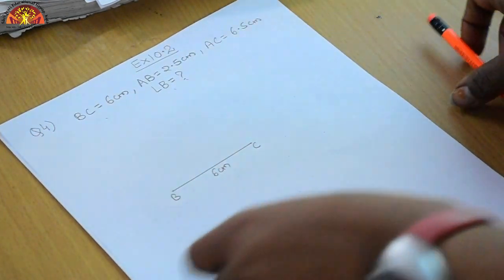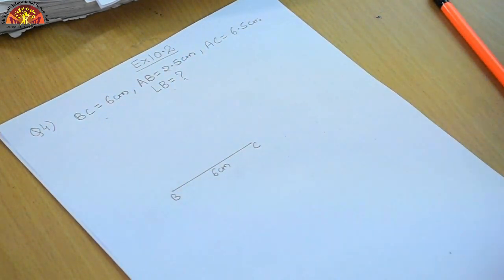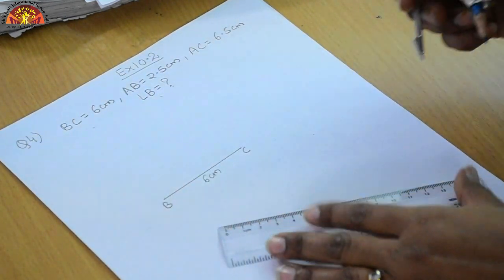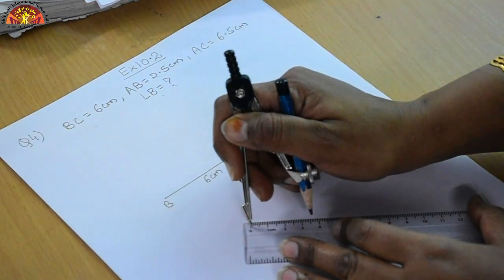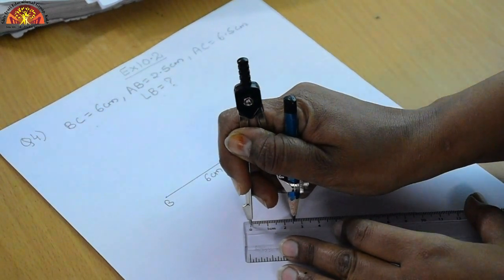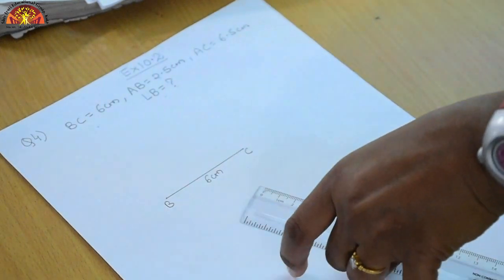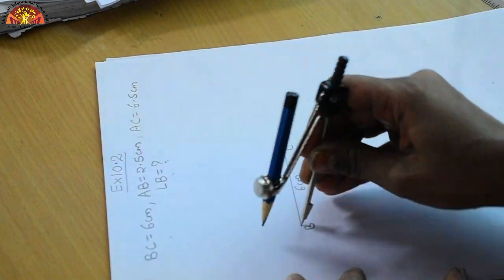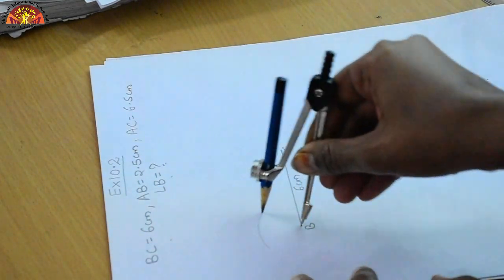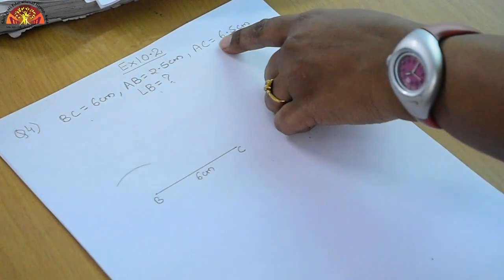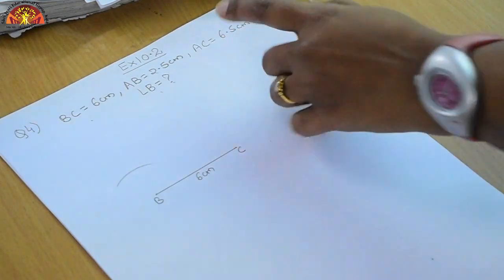Now AB is equal to 2.5 centimeter. So just measure 2.5 centimeter on a scale with the help of a compass. You can see this is 2.5 centimeter. Now keeping your compass needle at the point B, draw an arc. Okay. Now AC is equal to 6.5 centimeter.